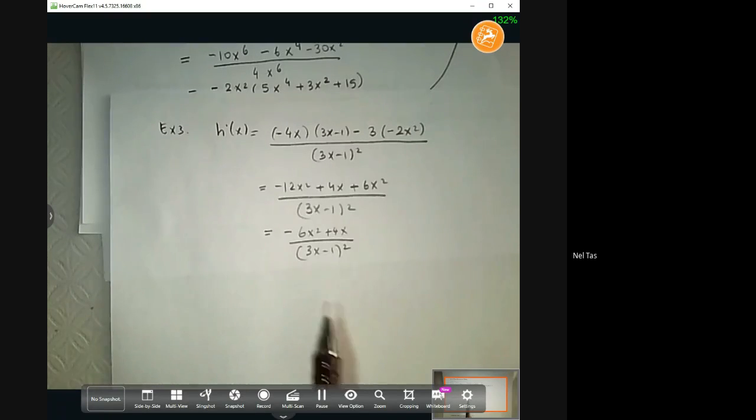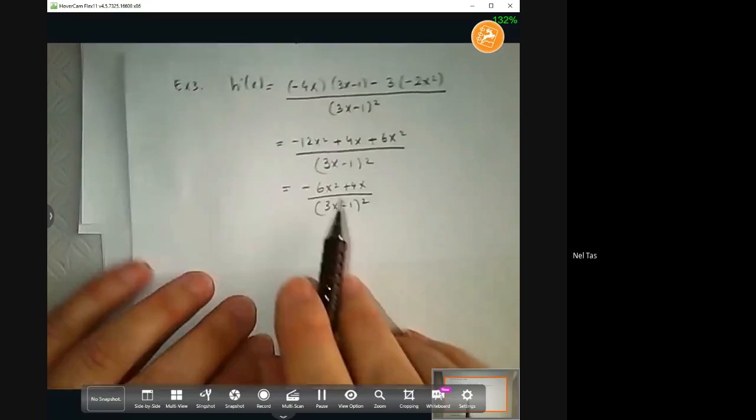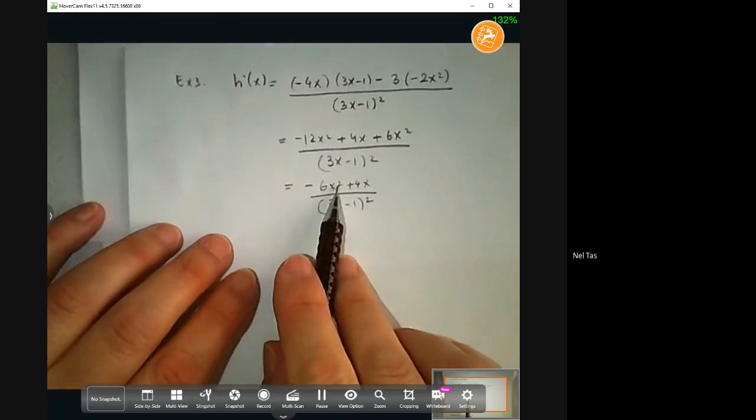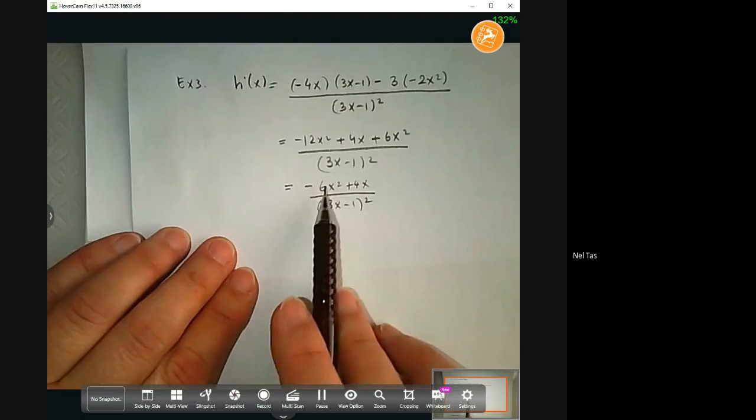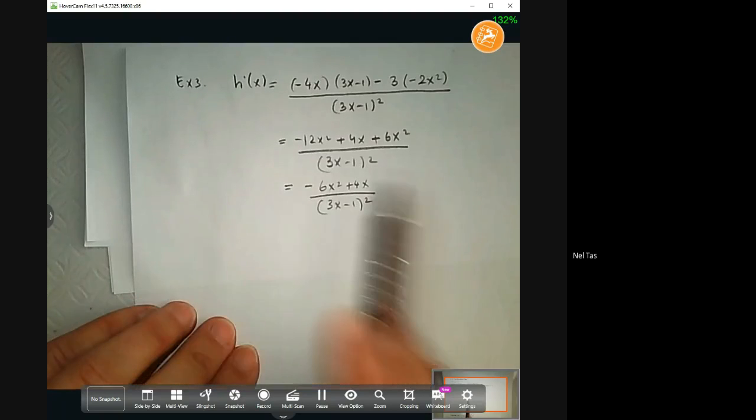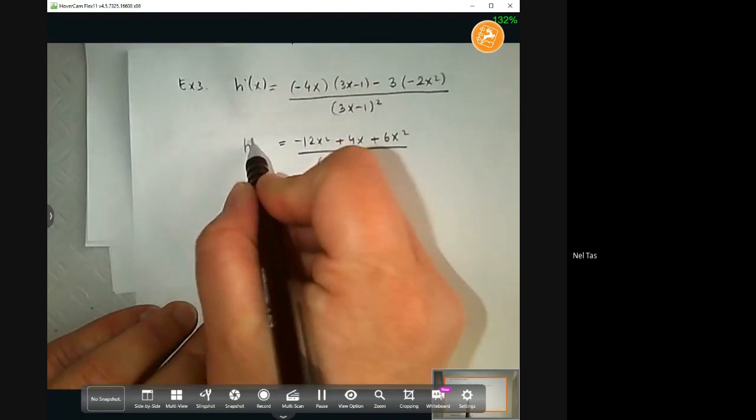Even 2x is a common factor here, but now we are going to make it equal to negative 1 over 2 and solve. So that is the reason I'm not factoring the 2x, but if we are only looking for the derivative, yes, you should also be factoring 2x. So that is a derivative function.